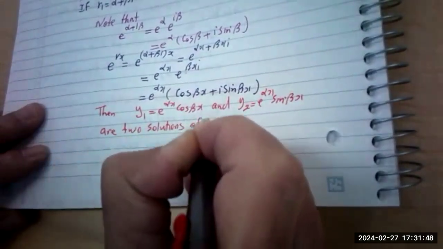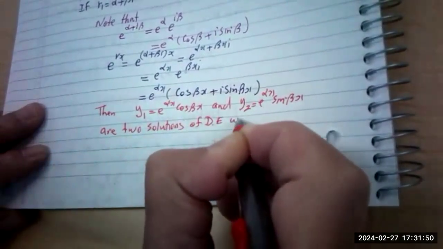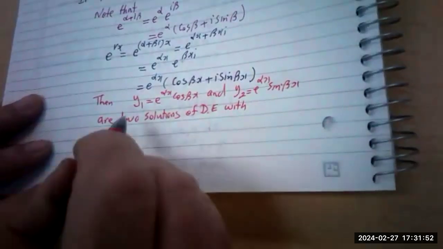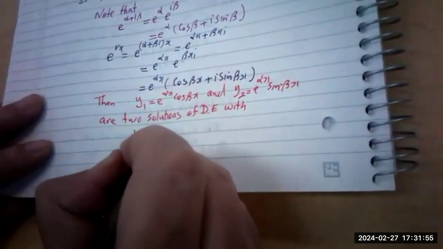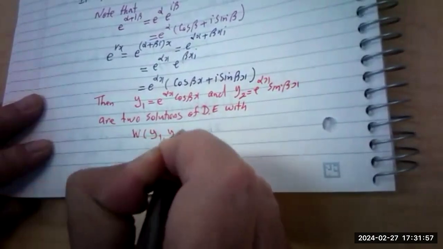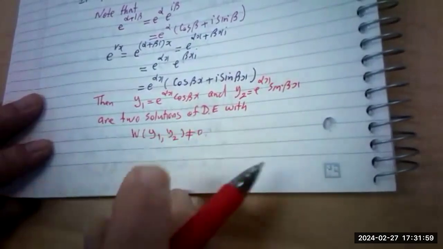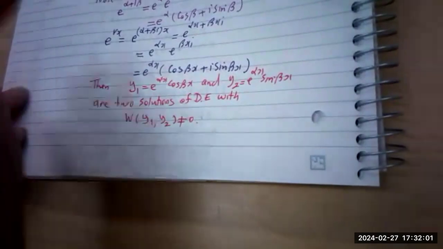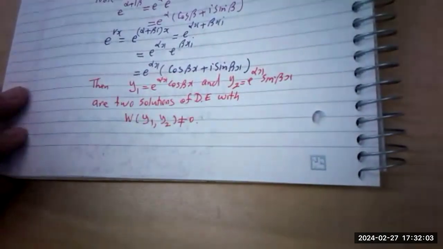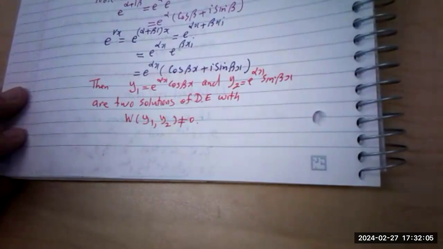of the differential equation. It can easily be seen, and it's one of the problems in your book, that the Wronskian again is not equal to 0. I proved it for the general one. You find the derivatives, you multiply them together, you arrive at sine squared plus cosine squared equals 1, eventually it will be exponential.